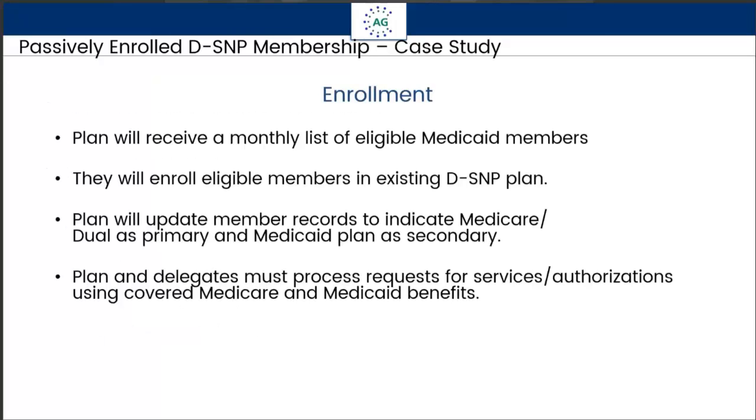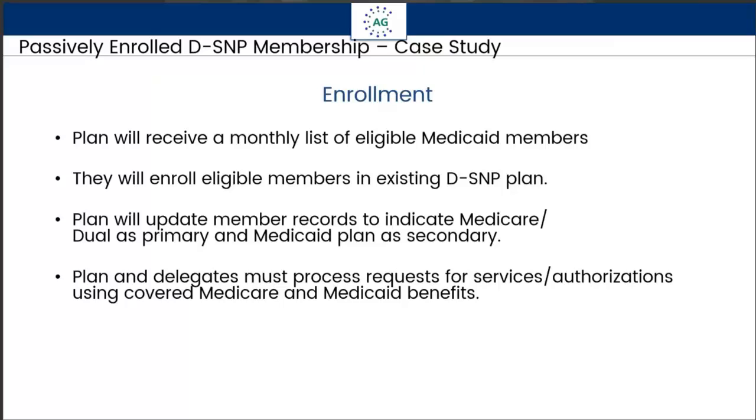So under enrollments, the plan's going to receive a monthly list of eligible Medicaid members from the state. When a member is turning 65 or about to turn 65, they will be on this list that's going to be sent to the plan, and the plan knows those are the members they can take action on to passively enroll them into the DSNP plan. So they're going to enroll members in an existing DSNP plan.